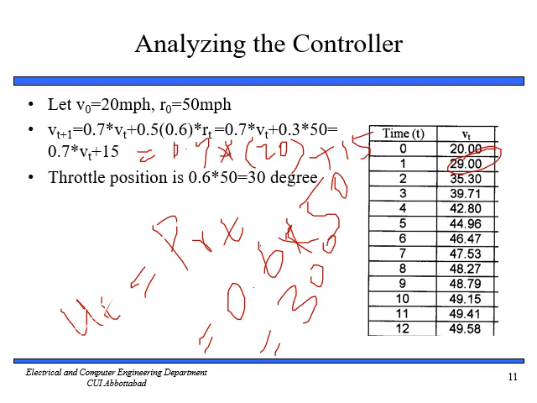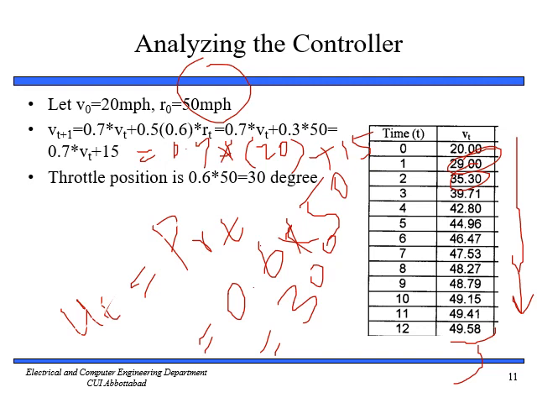Again, next time your current will be 29, so 0.7 into 29 plus 15, it will be 35. So this is how your velocity is increasing, and finally you will reach 49. And our desired speed was 50. So with the help of this controller, our actual speed is approaching 50. So it means that our controller is working fine.